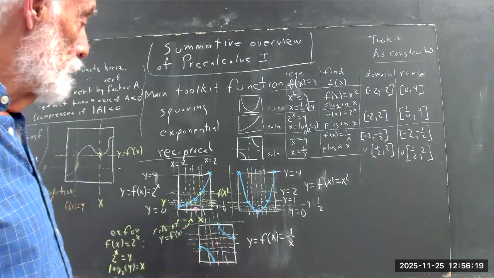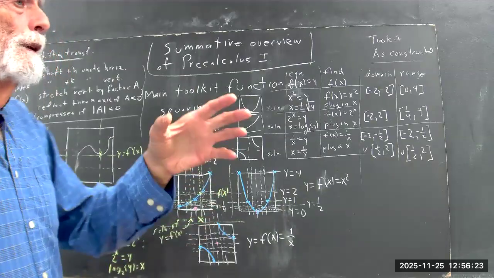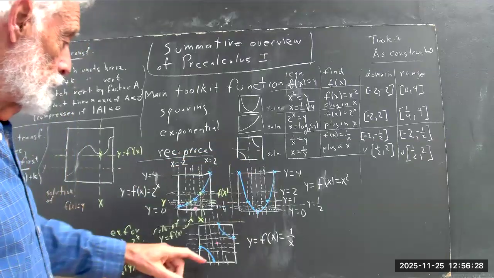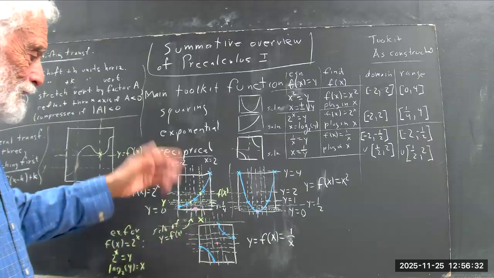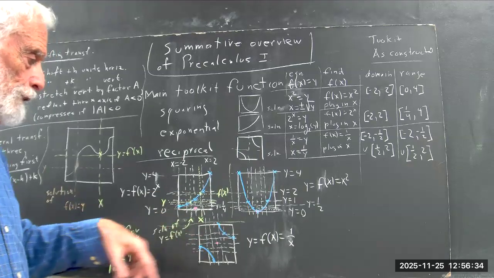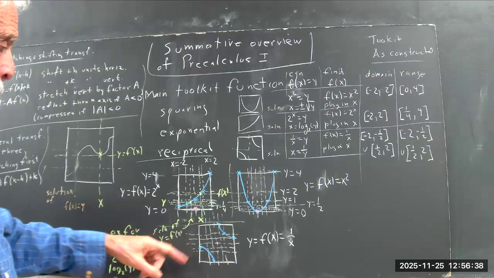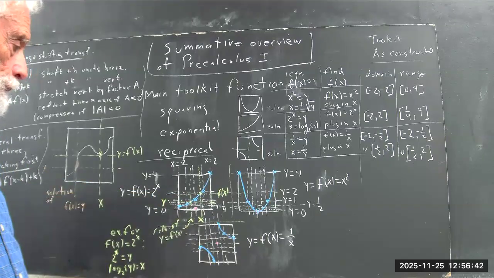And then the reciprocal function within the constructed graph looks like this. I didn't do a real good job of getting these lines in the right place, but they're approximately good. We sketch this part of the curve and this part of the curve.